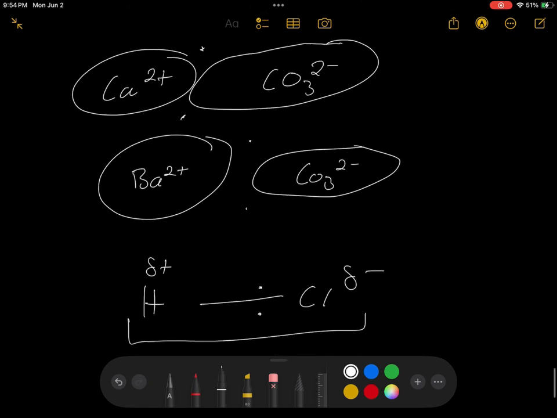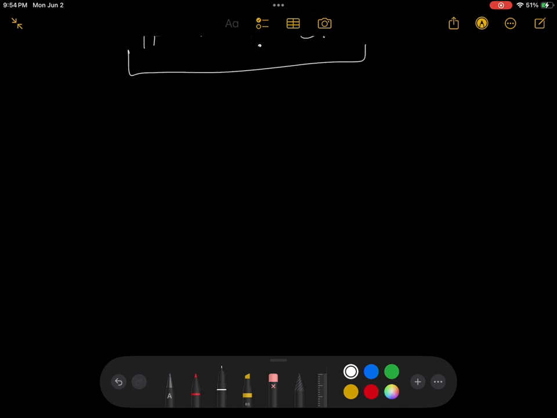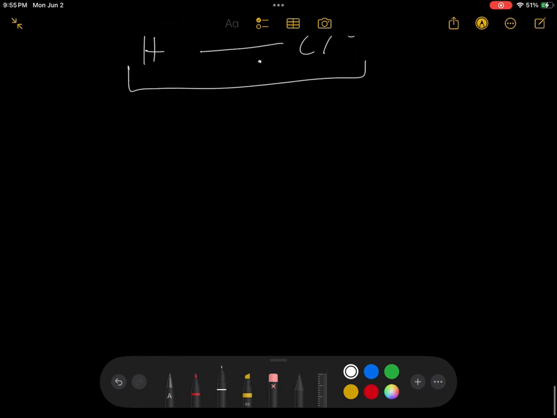So that's the idea behind ion polarization. It's a trend that seems to pop up a lot in tests, and it's good to know. But yeah, that distortion, that imbalance of electron sharing makes it easier to break apart the bonds within your anion.